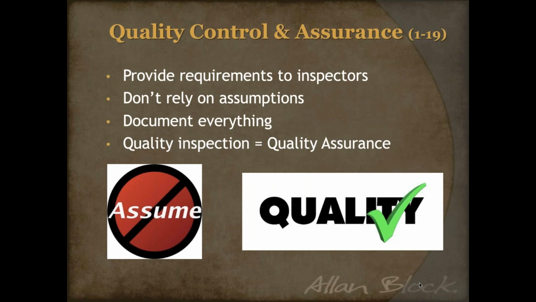Like I've said a few times this presentation, every project is unique, and that means the inspection for the wall is going to be unique. So by you providing them with a list of special conditions that were used for the wall and what needs to be evaluated, that makes sure that the inspection they're doing is going to be a quality inspection. And with quality inspection comes quality assurance, making sure that wall really does meet the standards that are required for a wall that's going to last a long time.